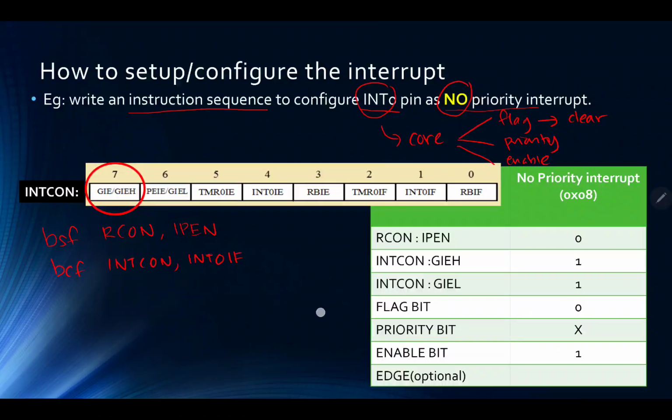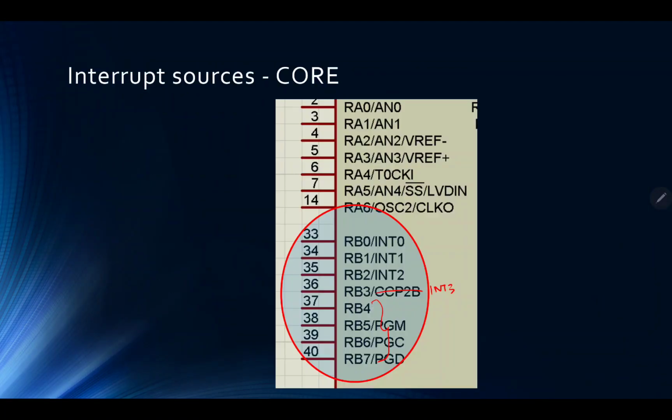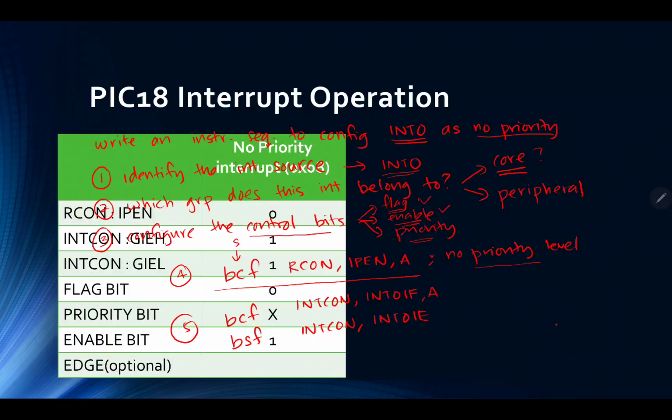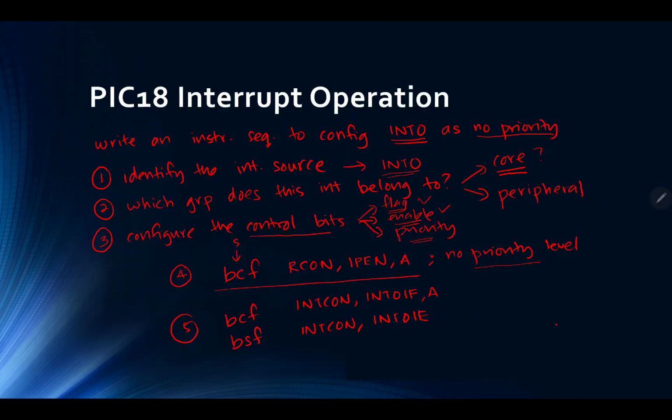So only for interrupt 0, there are only 2 bits, flag and enable. There is no priority bit for interrupt 0 because it is high priority by default.